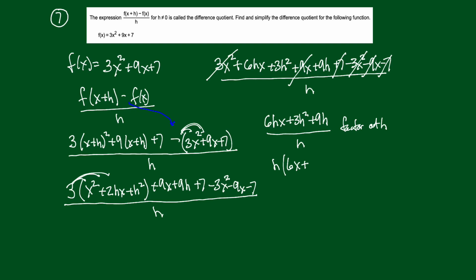If you take an h out, there's a 3h left. And then plus, take an h out of that 9h, you're left with a 9 all over h. And they're telling us h is not 0, so I can cancel. So here's what we're left with: 6x plus 3h plus 9.